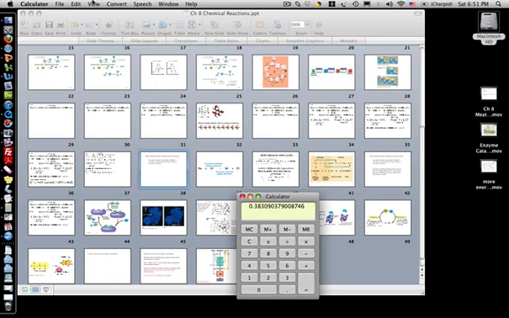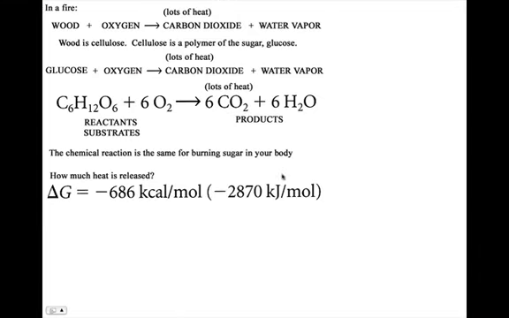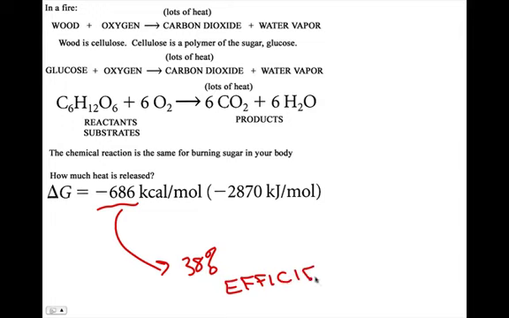So about 38% of the energy is captured. So let's just look back at this again. And so about 686 kilocalories are released, and about 38% of that energy is captured, and that's called the efficiency.